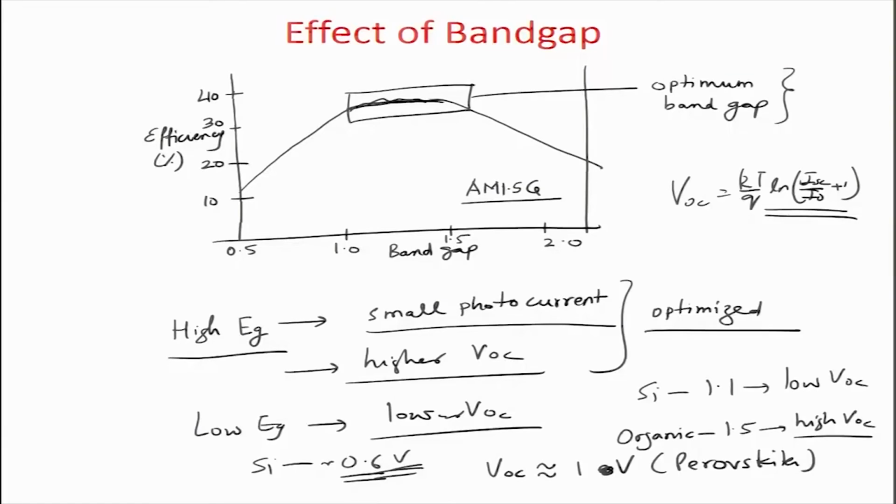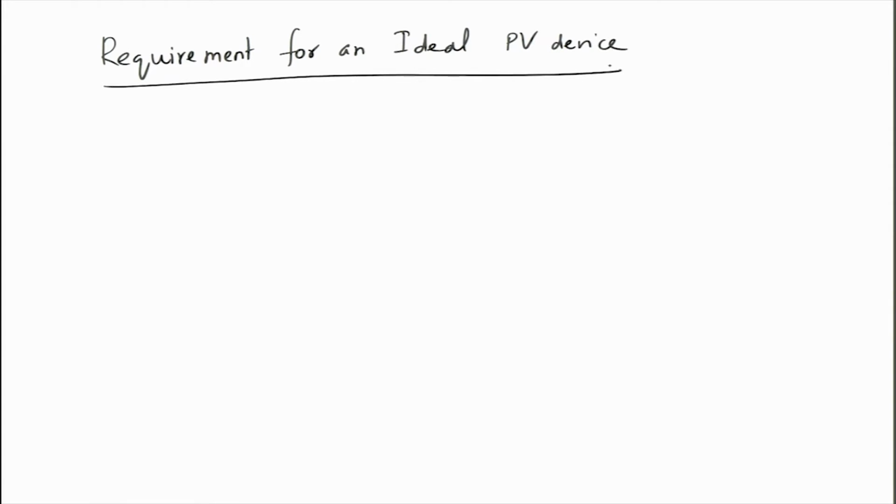And so, the requirements that you want to have for an ideal solar cell device: first, any material must have a band gap, which means it must be a semiconductor.